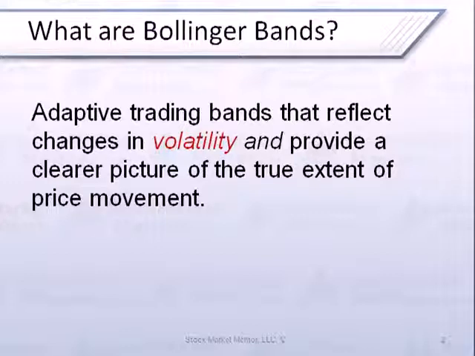Okay, what are they? These are adaptive trading bands that reflect changes in volatility and provide a clearer picture of the true extent of price movement. Think about them as trend lines. They're adaptive trend lines with a volatility component.